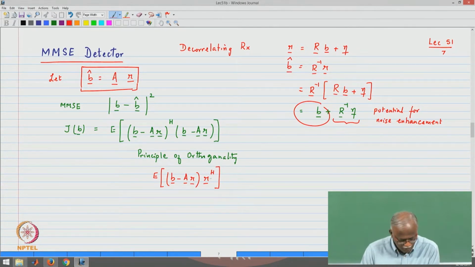So, this is the principle of orthogonality, and this must be equal to a 0 vector.